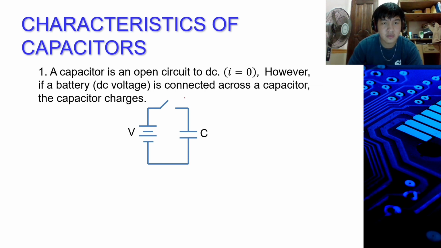Let's say at a long period of time the circuit is open, and then we close it. Once closed, the capacitor charges from the battery voltage at a certain time constant.